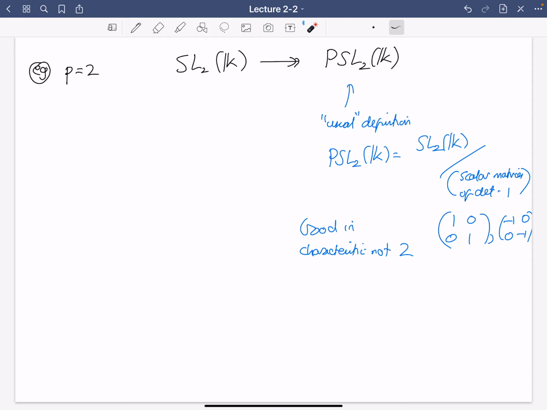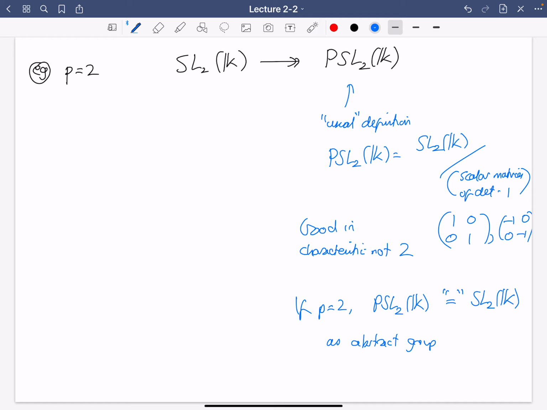But you get a smell that there's something a little bit weird going on in characteristic 2, because in characteristic 2, PSL2 of K appears to be equal to SL2 of K as abstract groups. Because plus 1 equals minus 1, and so we're not doing anything.